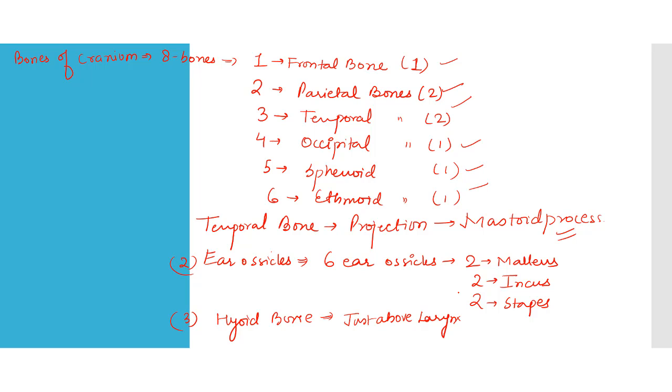It serves as a point of attachment for some of the muscles of the tongue and floor of the mouth, but does not articulate with any other bone. Okay. So hyoid bone is not a bone of cranium proper.